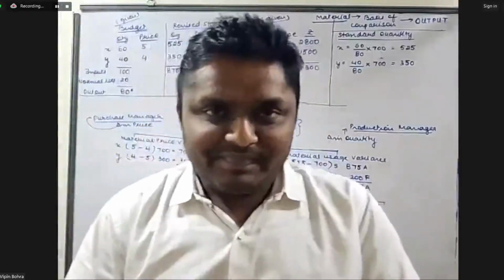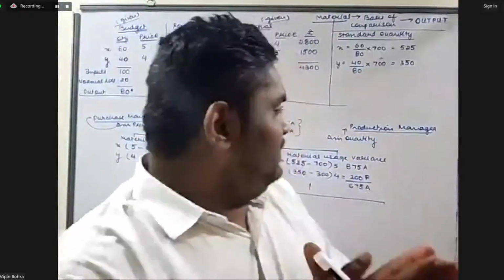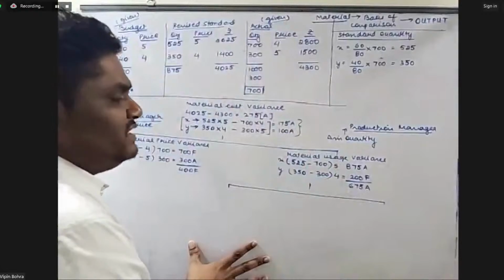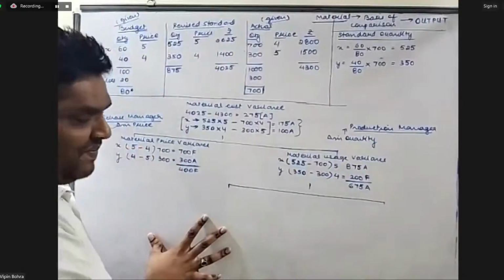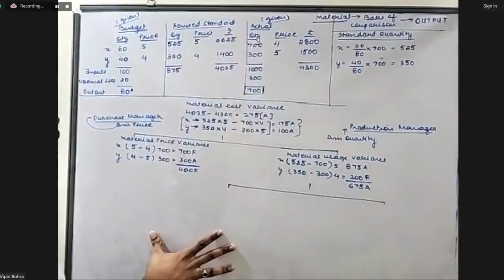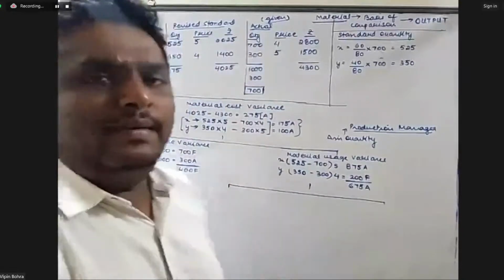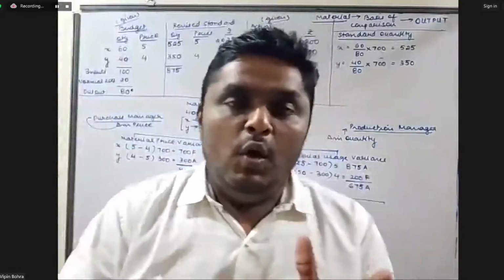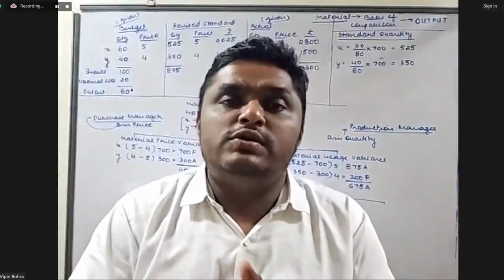So herein, when talking about the usage department, it talks about how much should have been used and how much was used.